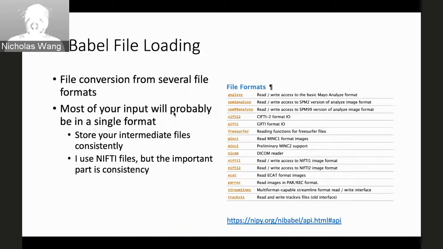There's multiple different file formats that people use in order to store these MRI volumes in a consistent way for further processing. But it doesn't really matter in the end as long as you're consistent across all of them and can handle different intermediate files.